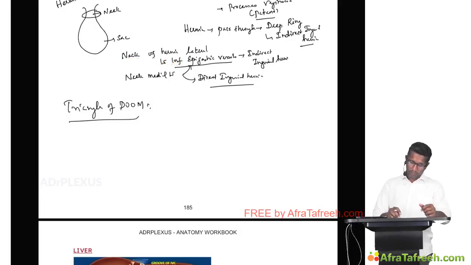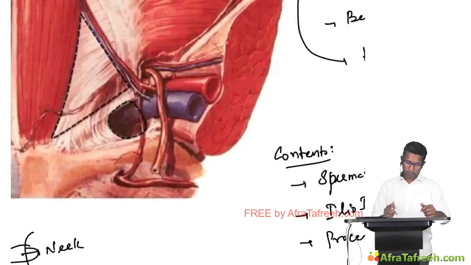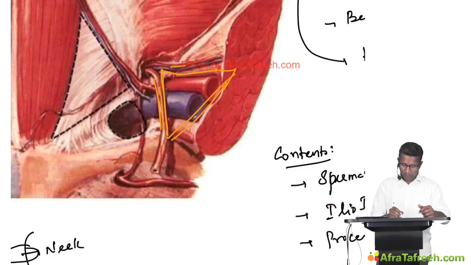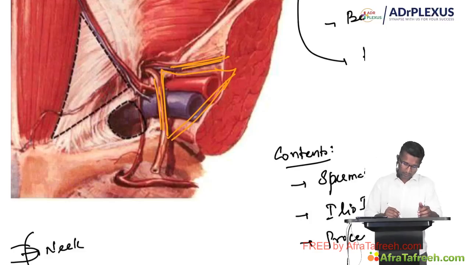Very good, Prithviraj. So what is called the triangle of doom? If you see this picture, I can draw a triangle here. This triangle is bounded on one side by the vas deferens, and on the other side by the gonadal vessels, and above by the reflection of the peritoneum.